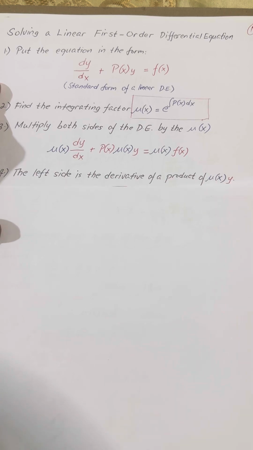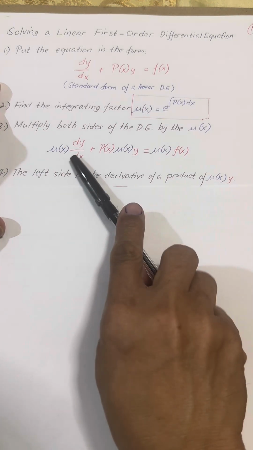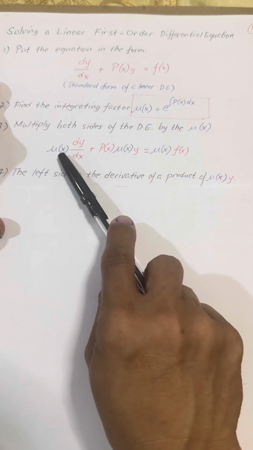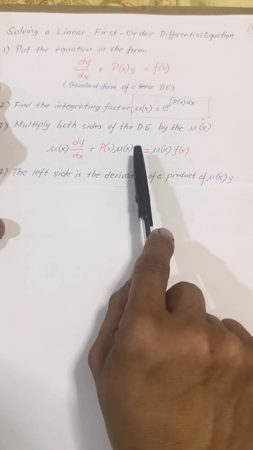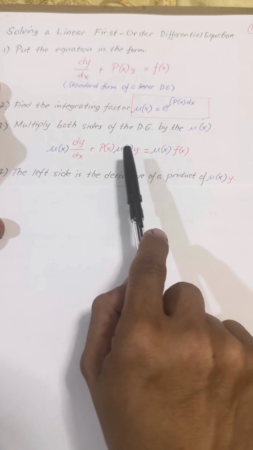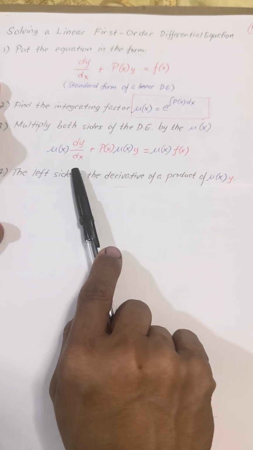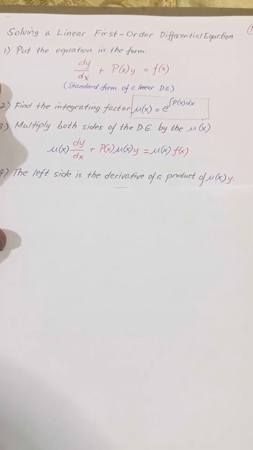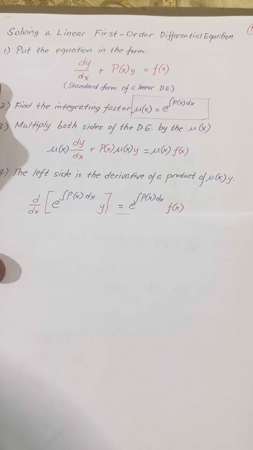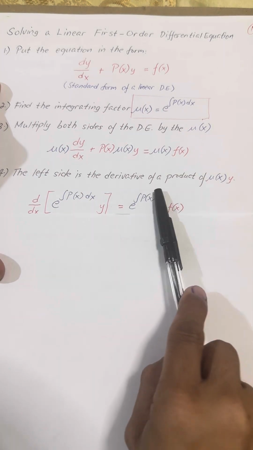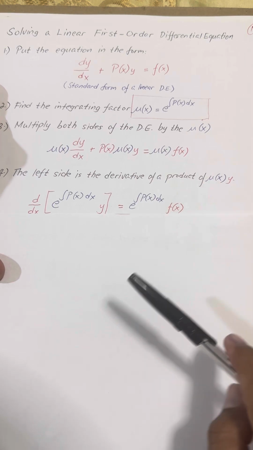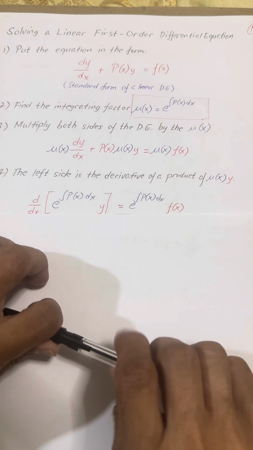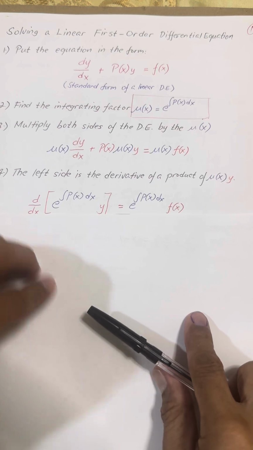Then the fourth step: after you multiply each term of this linear first order differential equation by the integrating factor, if you check clearly, the left side will be just the product of the integrating factor mu of x and y.